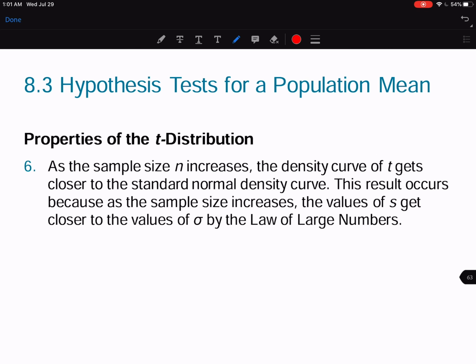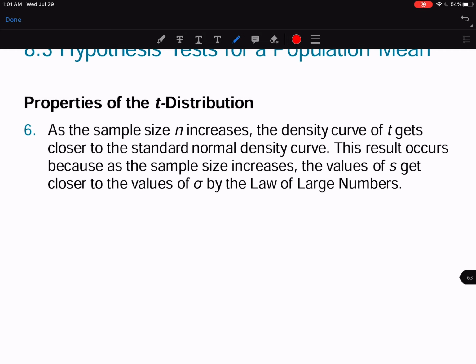Number six, as the sample size n increases, the density curve of t gets closer to the standard normal density curve. This result occurs because as the sample size increases, the value of the sample standard deviation s gets closer to the value of the population standard deviation sigma by the law of large numbers.